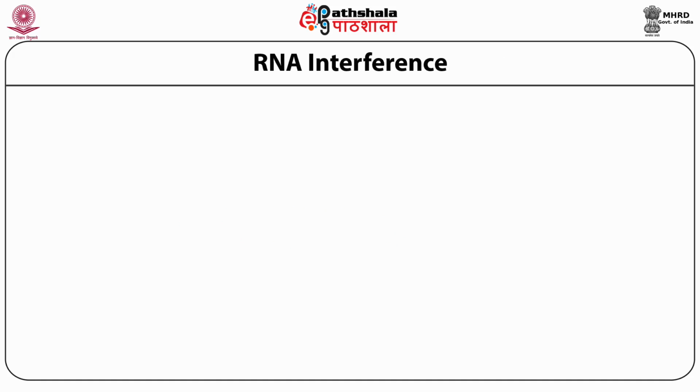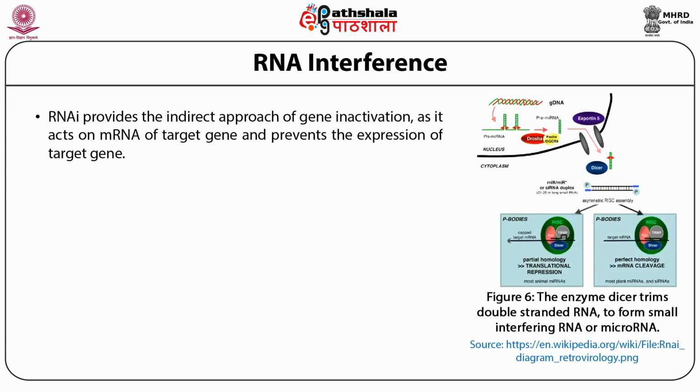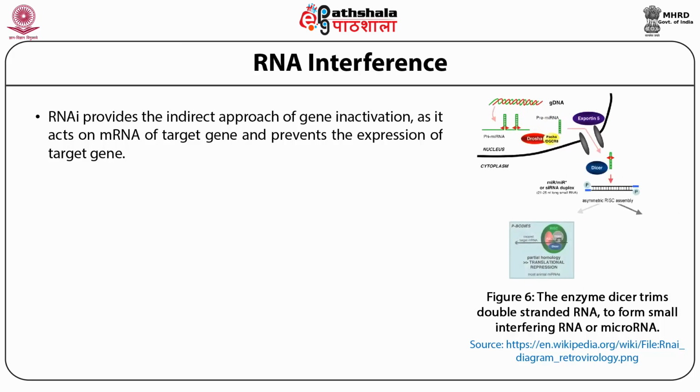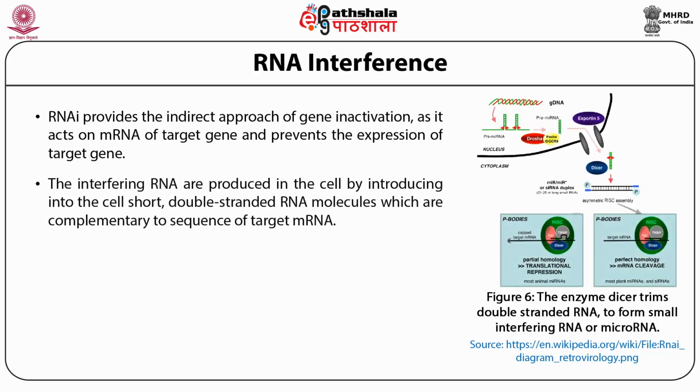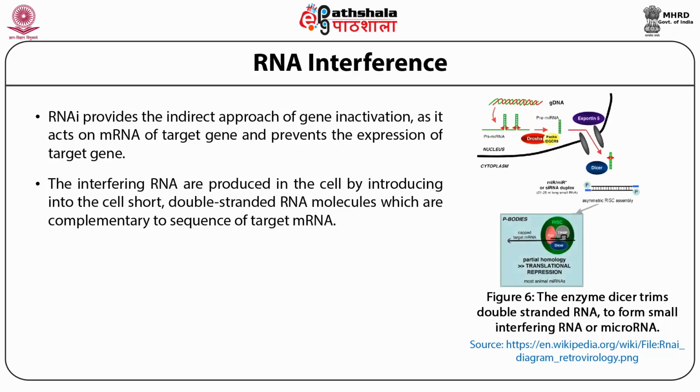RNA interference. RNA interference provides an indirect approach of gene inactivation as it acts on the mRNA of the target gene and prevents the expression of the target gene. The interfering RNA is produced in the cell by introducing into the cell short, double-stranded RNA molecules which are complementary to the sequence of the target mRNA.